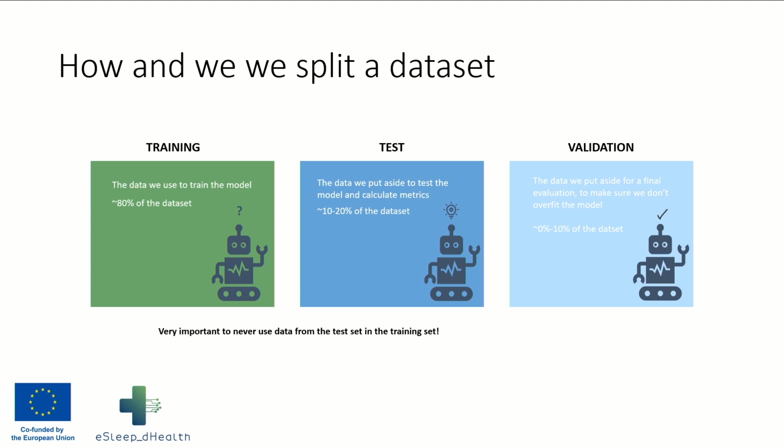And typically we use around 80% for the training, and then we use around 10 to 20% of the data set for testing. And then if we're really serious about our machine learning model, we should also keep another set, which we call the validation set.